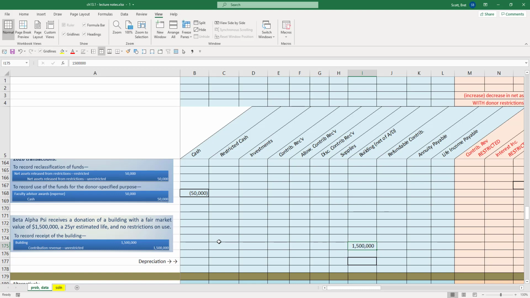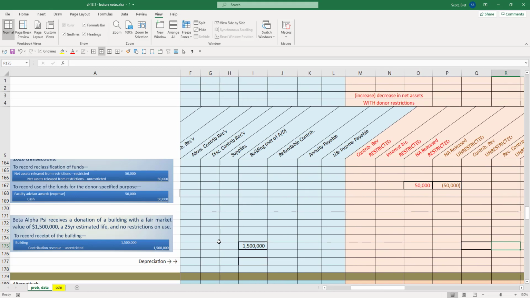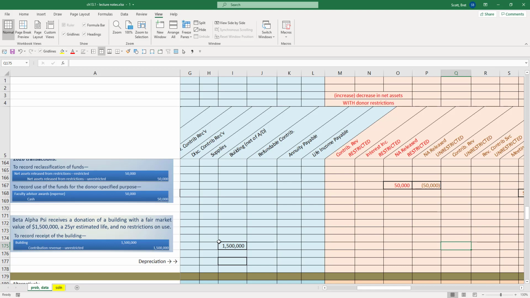What do we credit in this case? We didn't pay cash, so it's kind of like somebody donated money and then we used that to turn around and buy the building. In this case, we didn't get any cash. It was straight up just handed over to us. So let's go over to the contribution revenue unrestricted account, and that's where we record that donation.